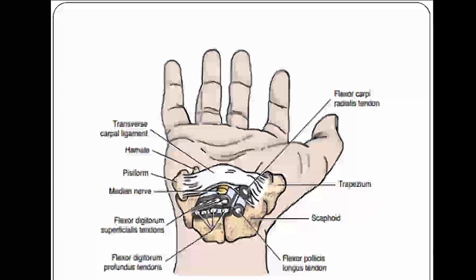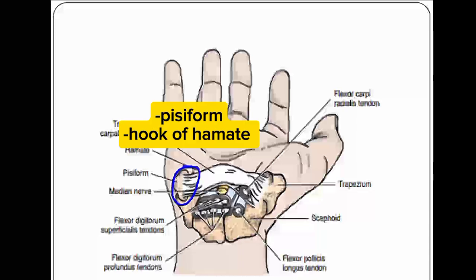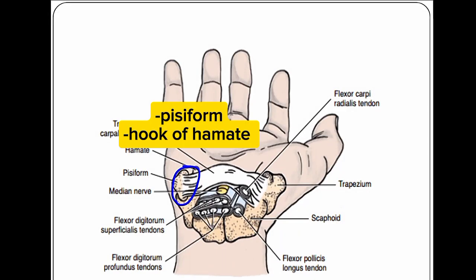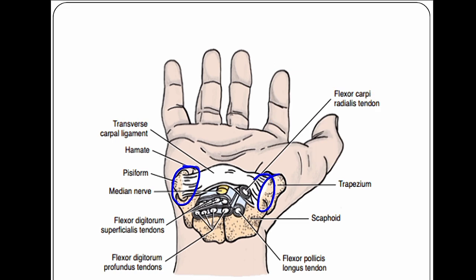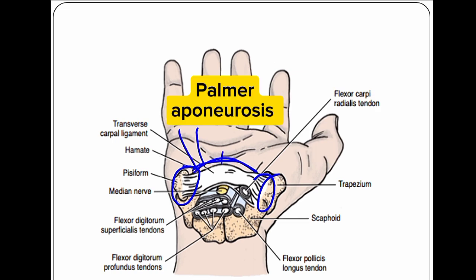When we talk about the attachment of this flexor retinaculum, medially it is attached to two bones, the pisiform bone and the hook of hamate, and laterally it is attached to the tubercle of the scaphoid and trapezium bone, while its distal border is attached to the palmar aponeurosis.